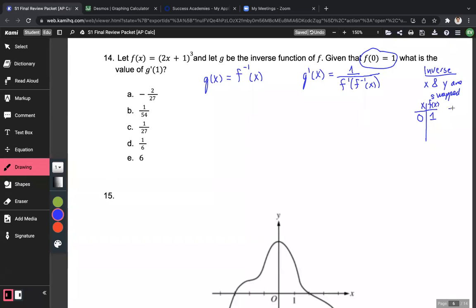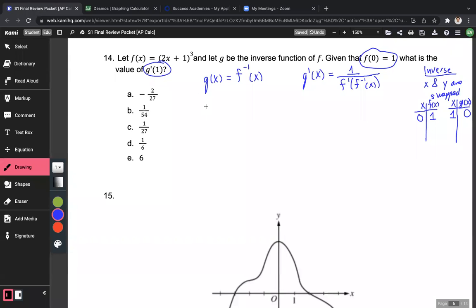I'm doing that because for my inverse function, g of x, my x and y values are swapped. So at x equals 1, g of x is going to equal 0. And that's pretty important because we're asked to find g prime of 1, the derivative of my inverse function evaluated at 1.